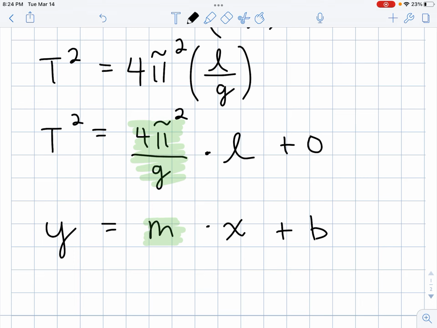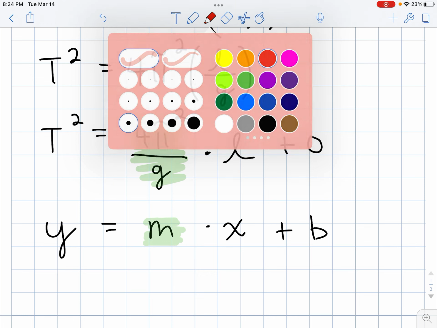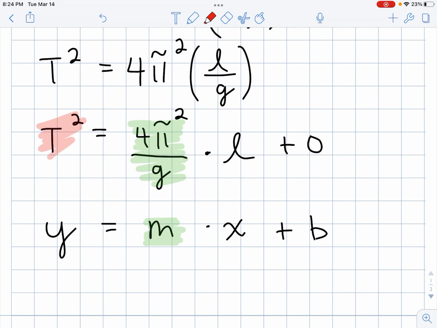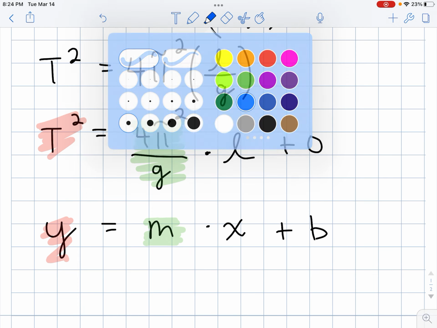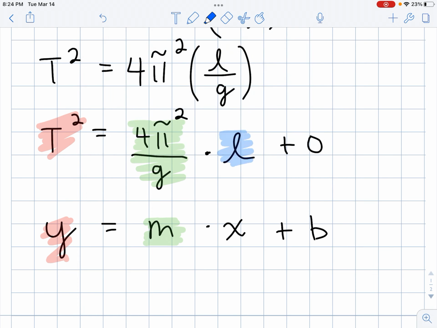So notice I'll use multiple highlighters. So t squared was graphed on the y-axis, and length was graphed on the x-axis. So the coefficient of the length is this expression 4 pi squared over G, and we can simply set that equal to our value for m that we got on our graph when we graphed our points of t squared versus L, and that was 4.1.